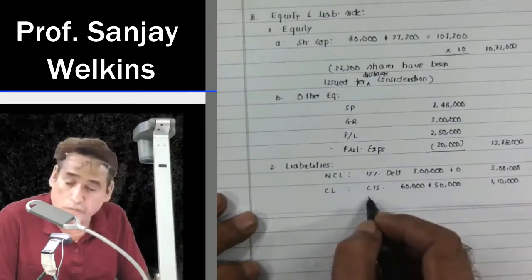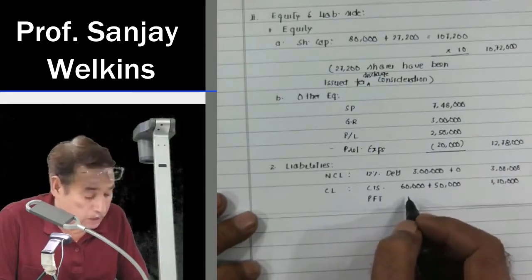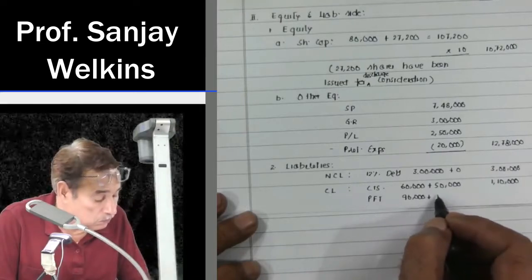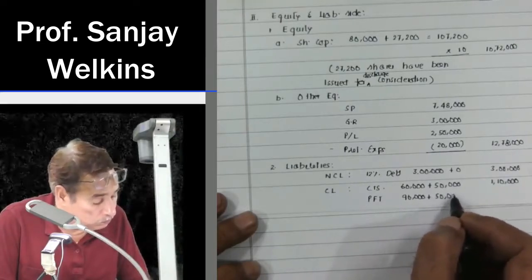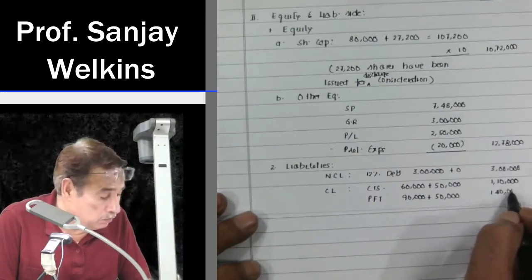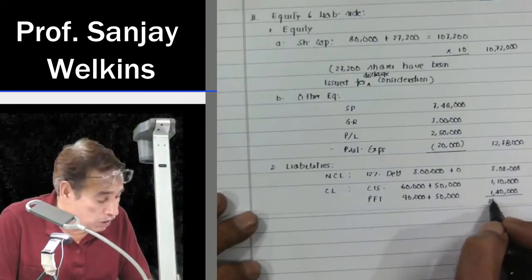And then we have provision for tax. Provision for tax is 90,000 and 50,000, that is 1,40,000. So ultimately total must be equal to 29 lakhs.